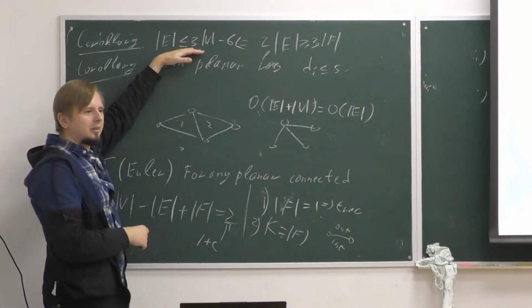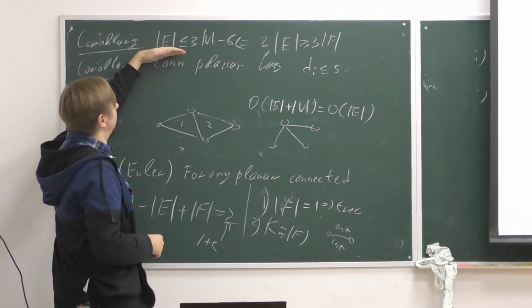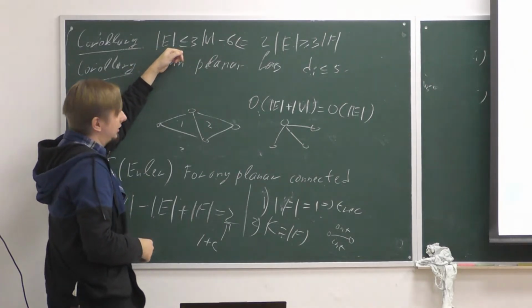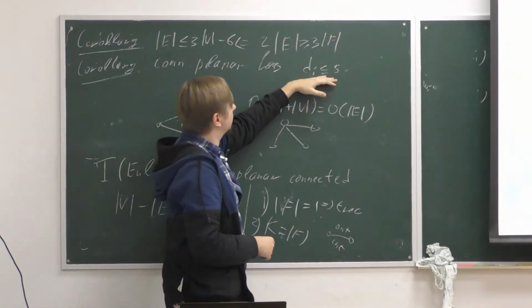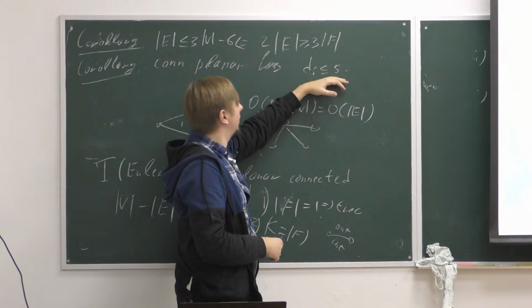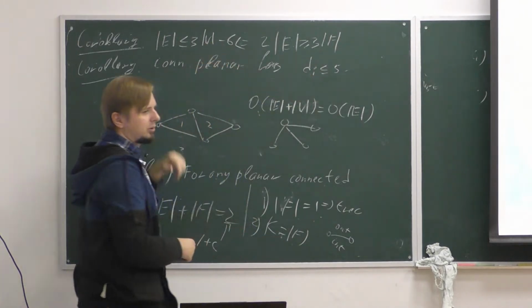First is this one, and second is the handshaking lemma. So this one corresponds to the sum of degrees. We consider that all degrees are more or equal to 6, and then we will have a contradiction.